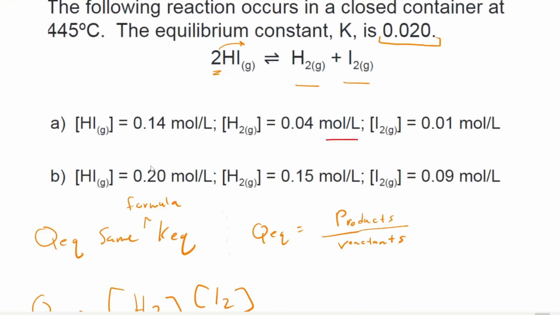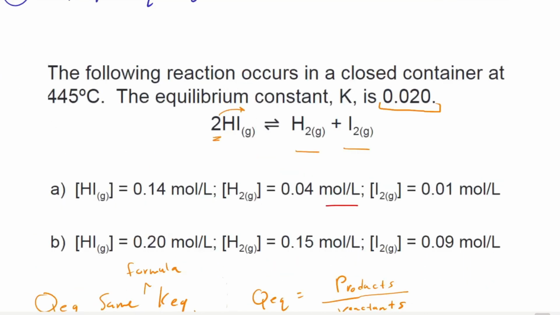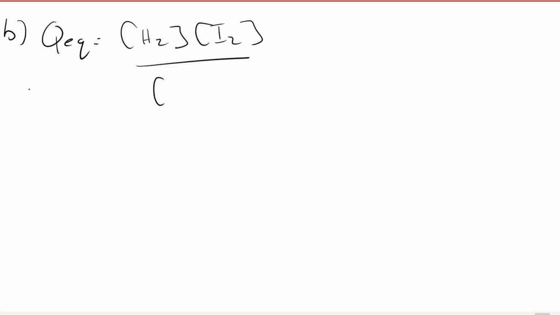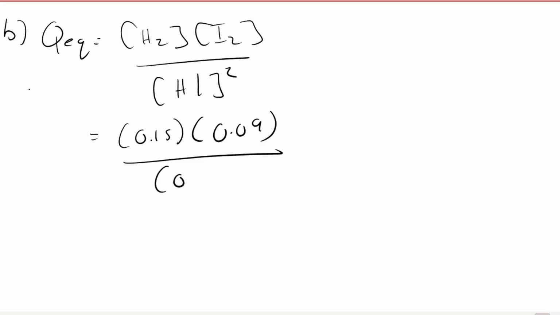All right, so I hope you guys tried pausing the video and trying it on your own. Now let's work it together. If this is my formula for Q, with H2 over the rest, then if we plug everything in, our answer would be 0.34.